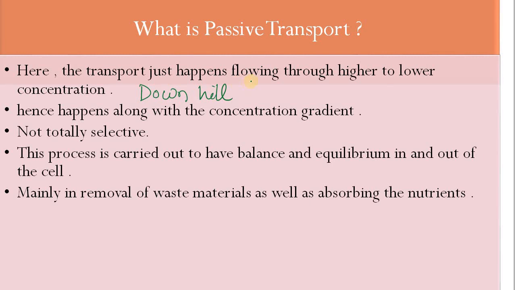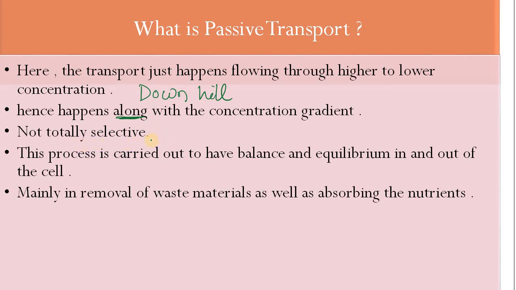It just happens and flows from high concentration to low concentration. It happens along the concentration gradient. Along means downhill, along with the current flow, and it is not totally selective. So there is no selection criteria.